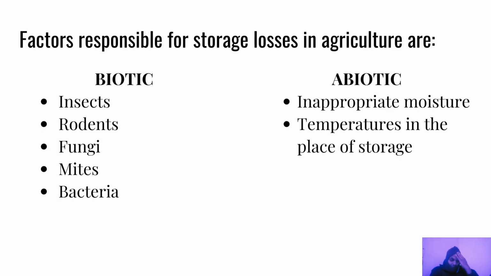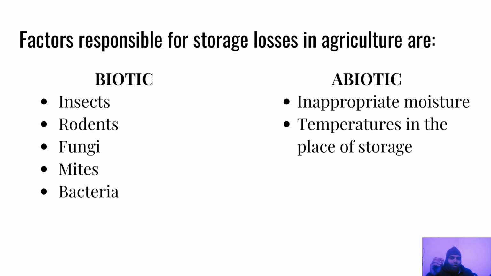Now, when we talk about harvesting and storage, we have to look at what are the causes of loss in storage. So we have insects, rodents like rats, fungi, arthropods called mites, and bacteria.